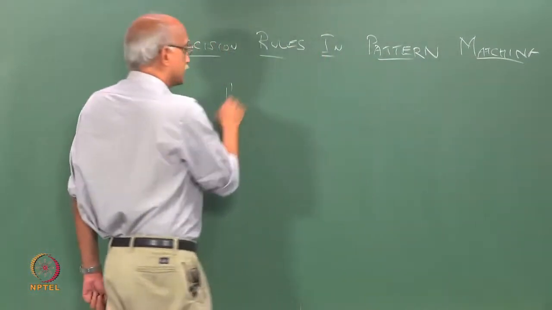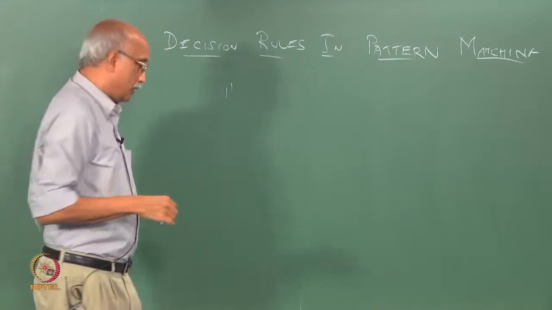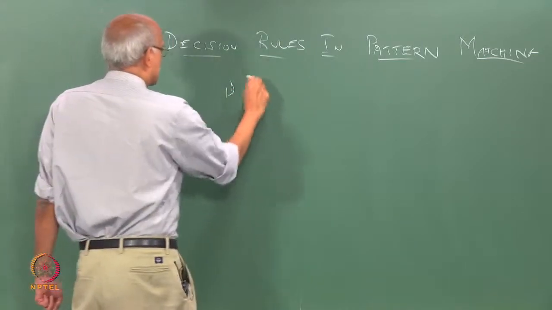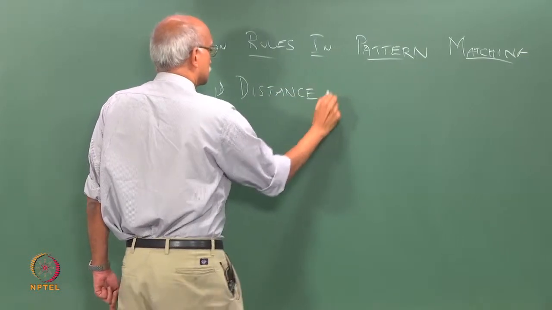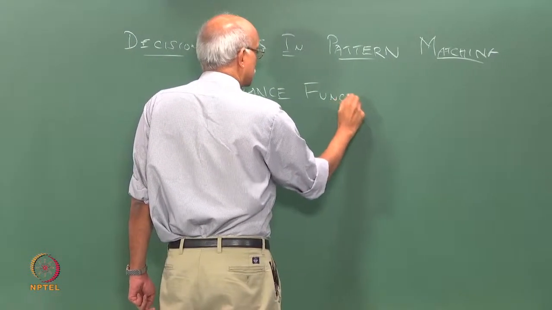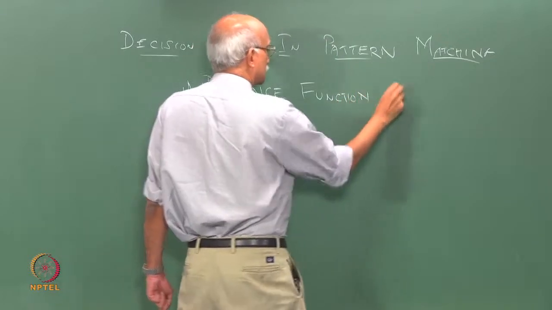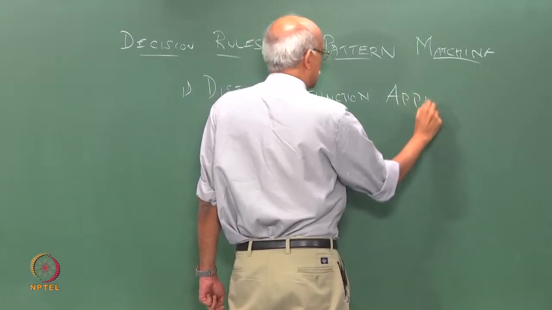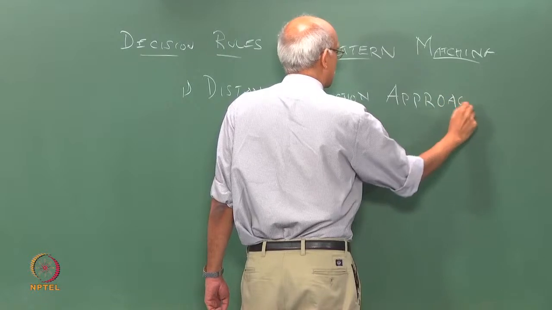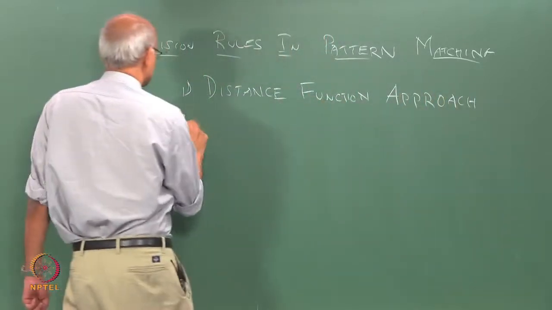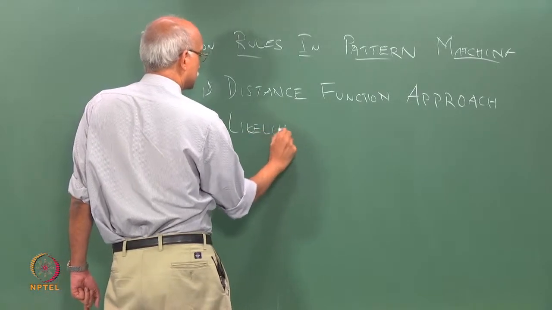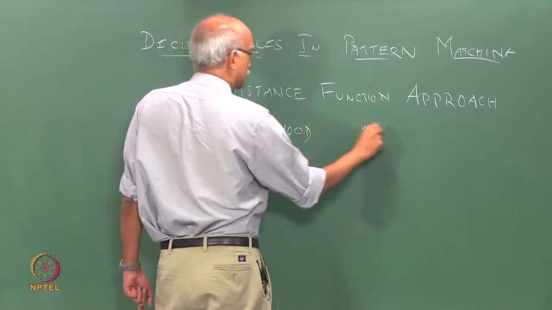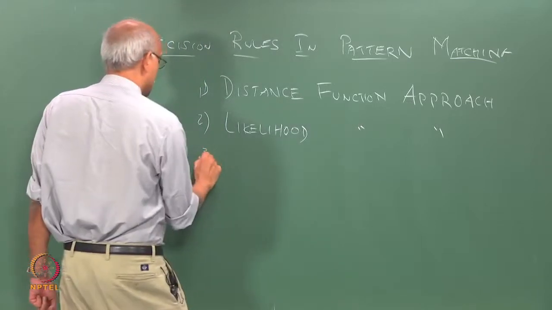I'll just write them down here and then we'll discuss them. The first is called the distance function approach. The second is likelihood function approach.